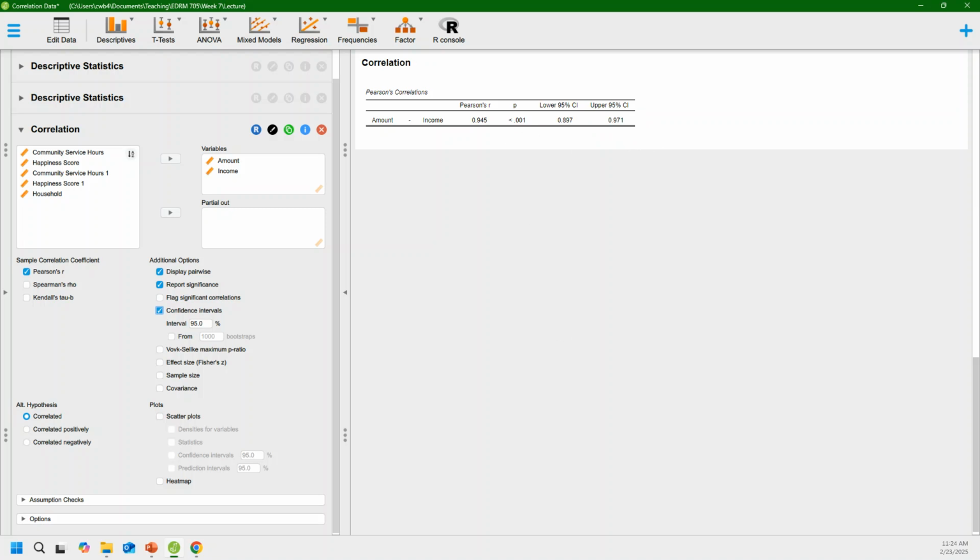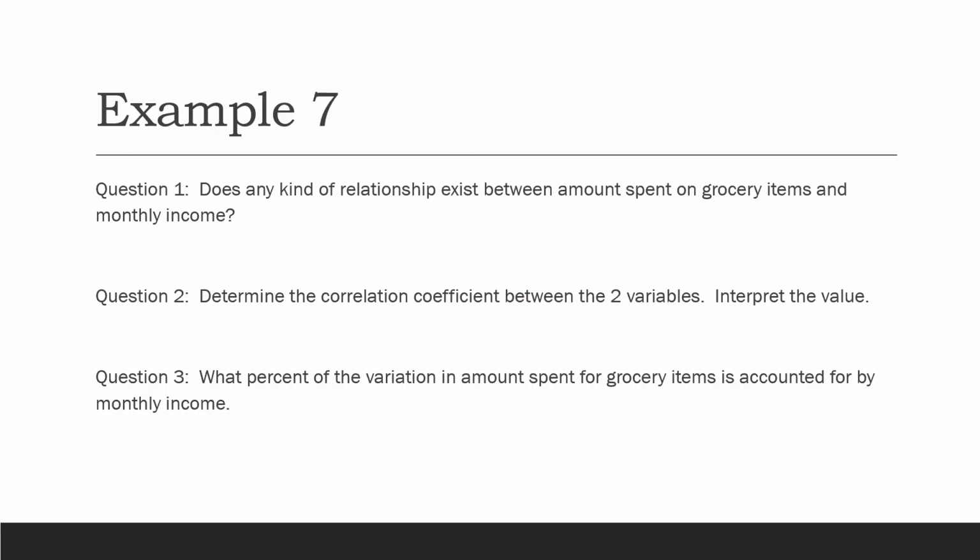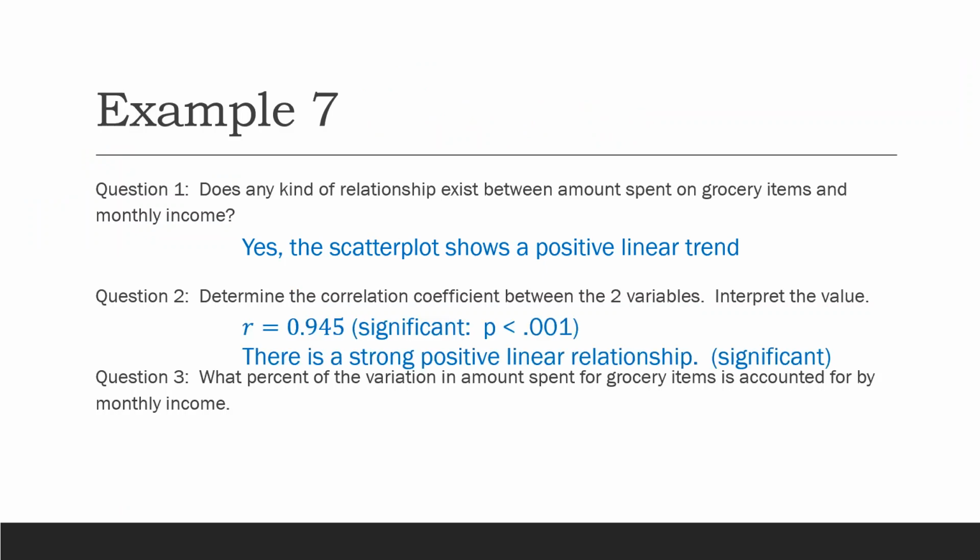And so that's all the information I need to answer those three questions there, right? So we can say yes, the scatter plot shows a positive linear trend. We can say that our correlation coefficient is 0.945. It didn't ask for us to do the hypothesis test, but in that correlation analysis, we saw a significant p-value.